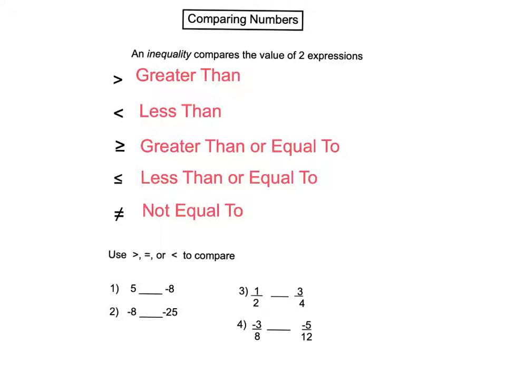Then we have negative 3/8 and negative 5/12. Using your calculator, 3/8 gives you 0.375, and 5/12 is 0.416, and these are both negative, so you've got to be careful there.